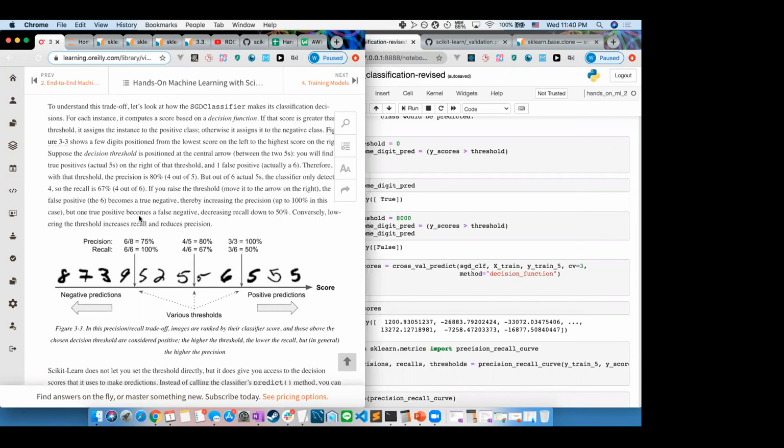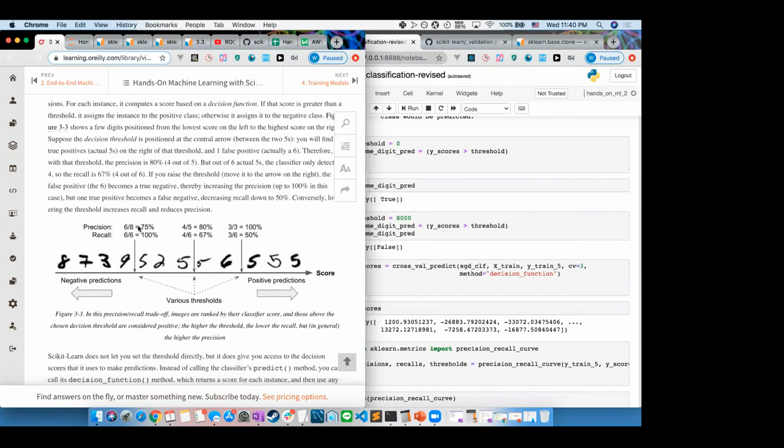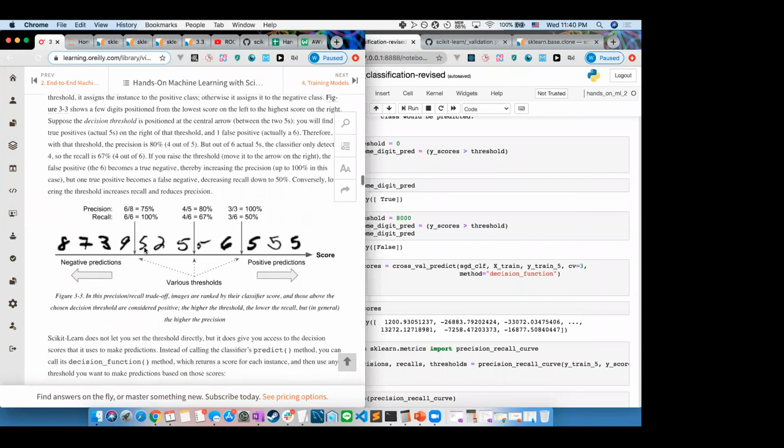But one true positive becomes a false negative, decreasing the recall down to 50%. Conversely, if we lower the threshold and shift it towards here, it would increase the recall and reduce the precision.